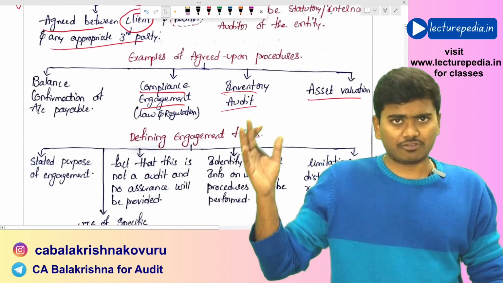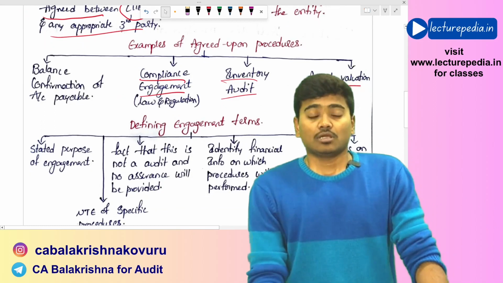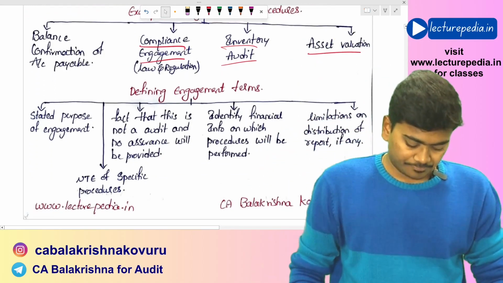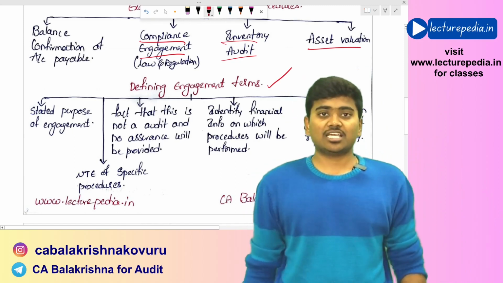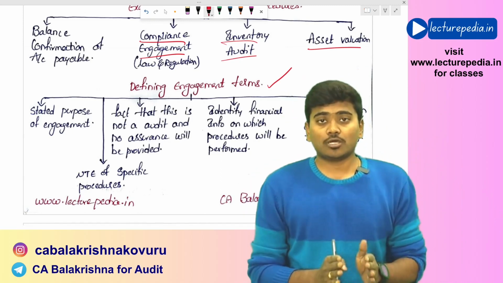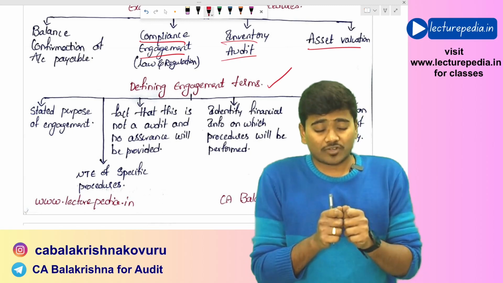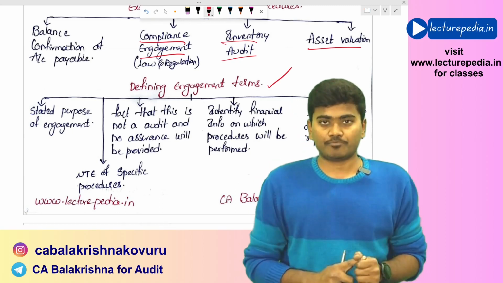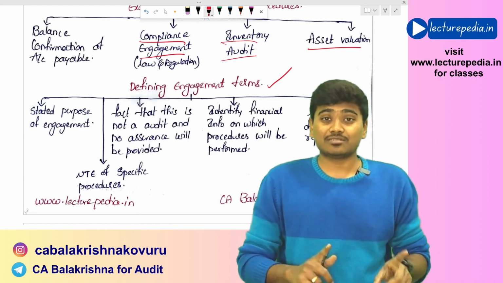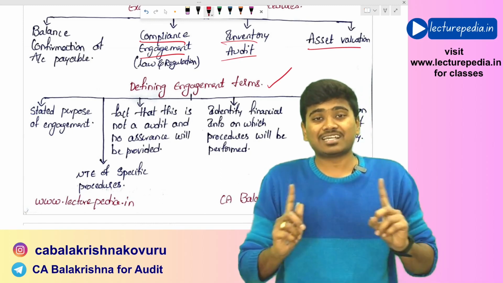Okay, like this you can take various examples for agreed upon procedures. Now the auditor, before he accepts the engagement, first of all needs to create an engagement letter, and in that engagement letter the terms of engagement must be clearly defined.